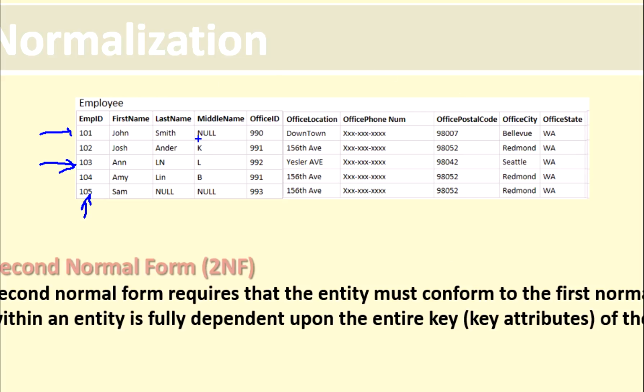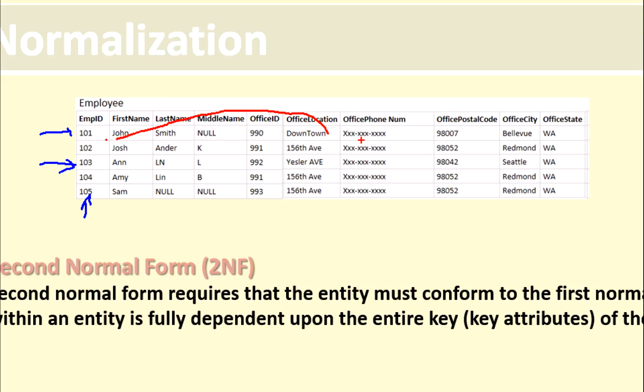All the columns in this table should depend only on the primary key, or the whole key, not any other keys. But if you look at this data, we have employee information and office location information, and this office location information does not depend on employee.